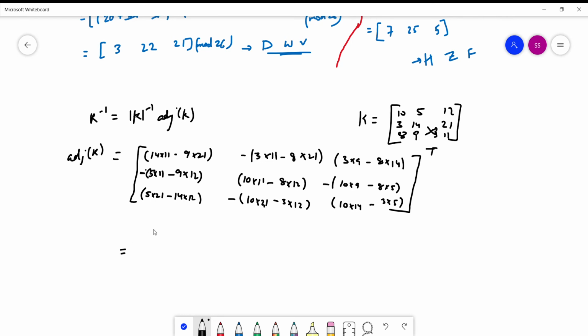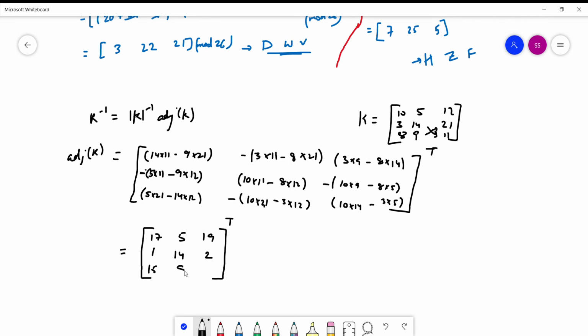So if you solve this matrix you will get values as 17, 5, 19. I have already solved it, so I won't waste time in solving this. You can always practice it. So 17, 5, 19, 1, 14, 2 and 15, 8, 21.